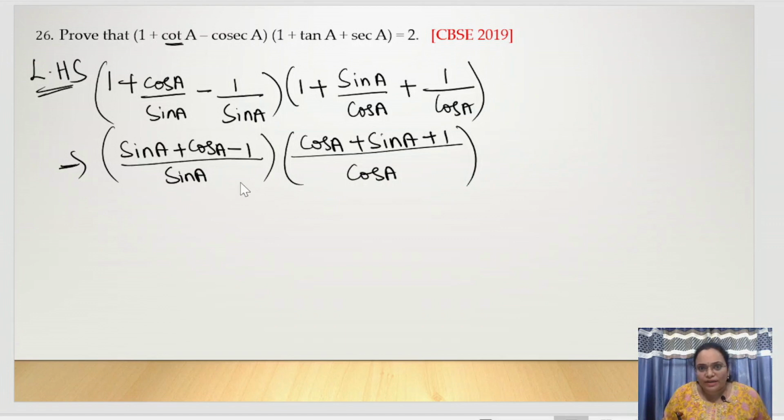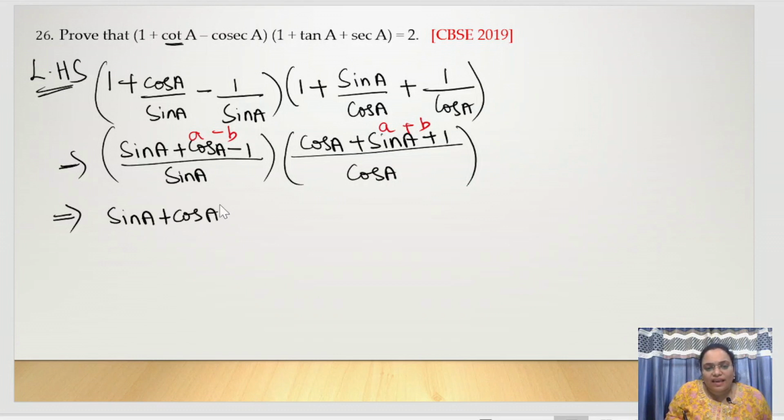See, if you see the numerator, this is in the form of A minus B and A plus B. I can write it as A square minus B square. So this will be sin A plus cos A whole square minus 1 square divided by sin A cos A.